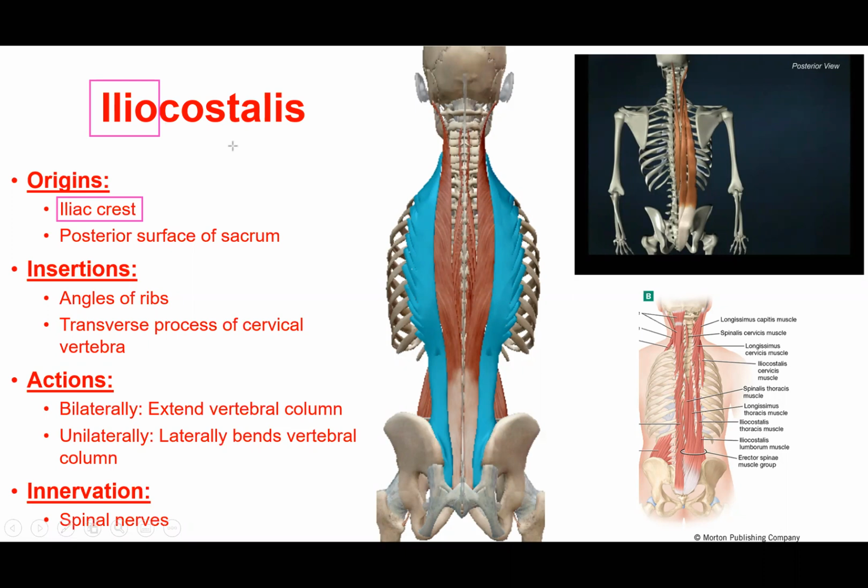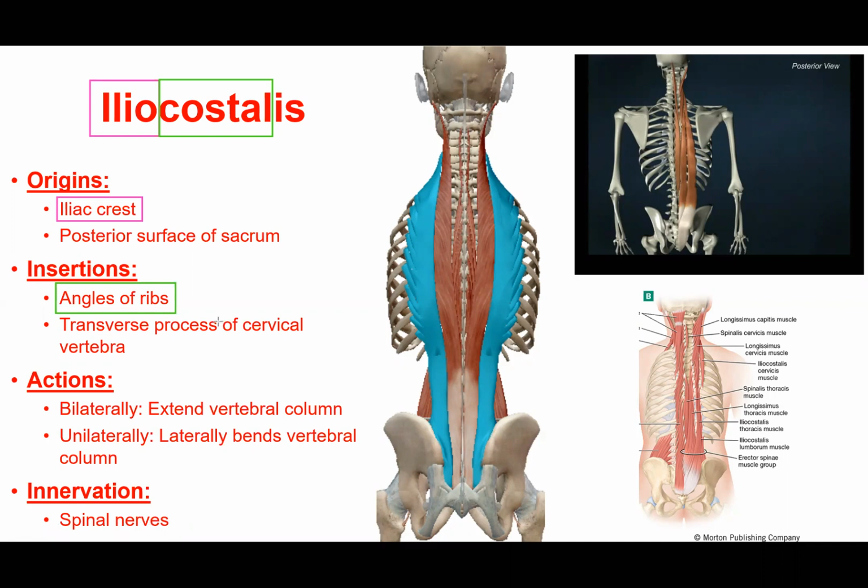And then we have the costalis part, and by now we all should know that costal refers to the ribs because this particular muscle is going to insert onto the angles of the ribs, but it also inserts onto the transverse processes of the cervical vertebra.